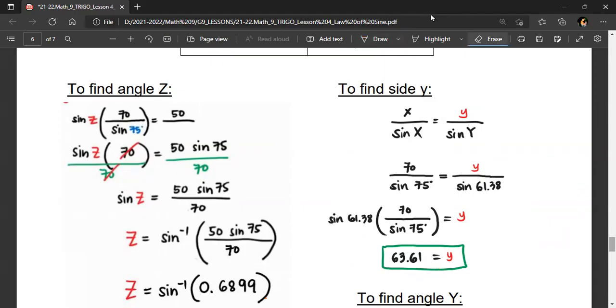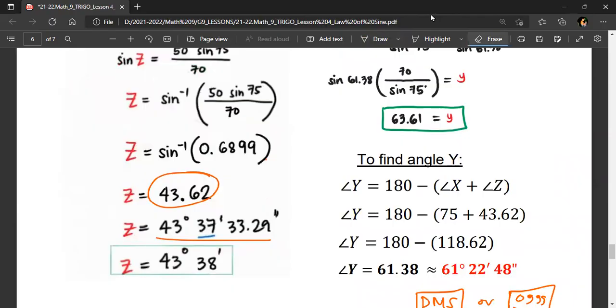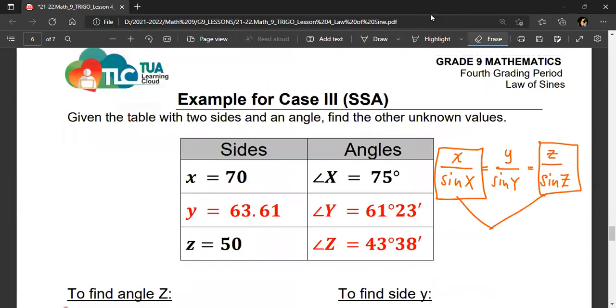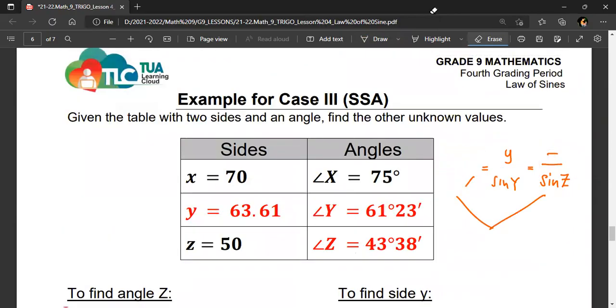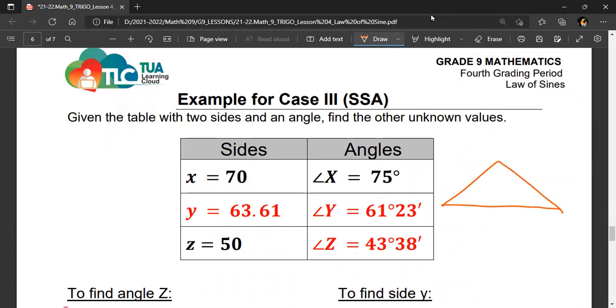With that, we have now completed the given values of our triangle, even though we didn't draw the oblique triangle. If we have a chance to draw it, we will come up with a simple oblique triangle where X, Y, and Z are represented by the angles. The angle X is 75 degrees.